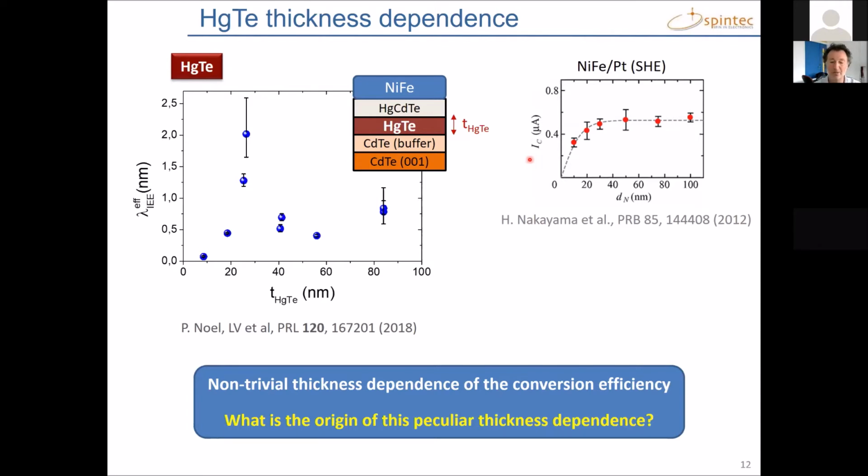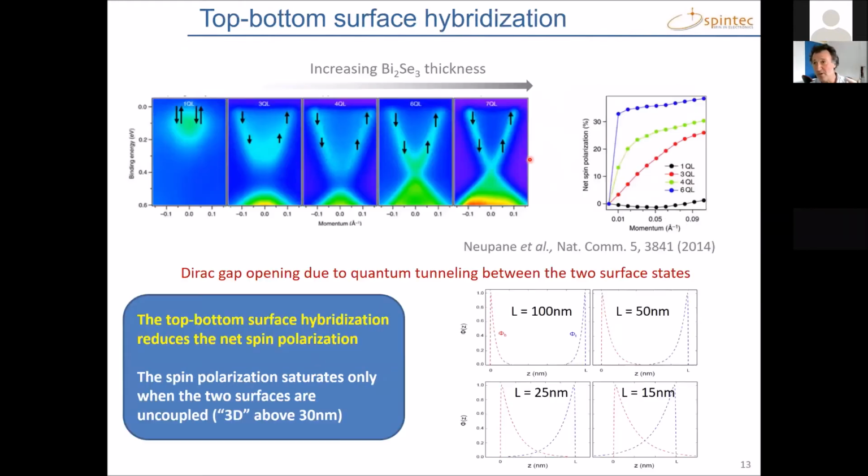So where is the origin of this non-trivial evolution? We know, in fact, from, for example, the work of Neupane, that as a function of the thickness of the topological insulator, at very low thicknesses you will have no net spin polarization. You open a gap, the two surfaces are coupled, and the two surfaces having opposite chiralities, you have no net polarization.